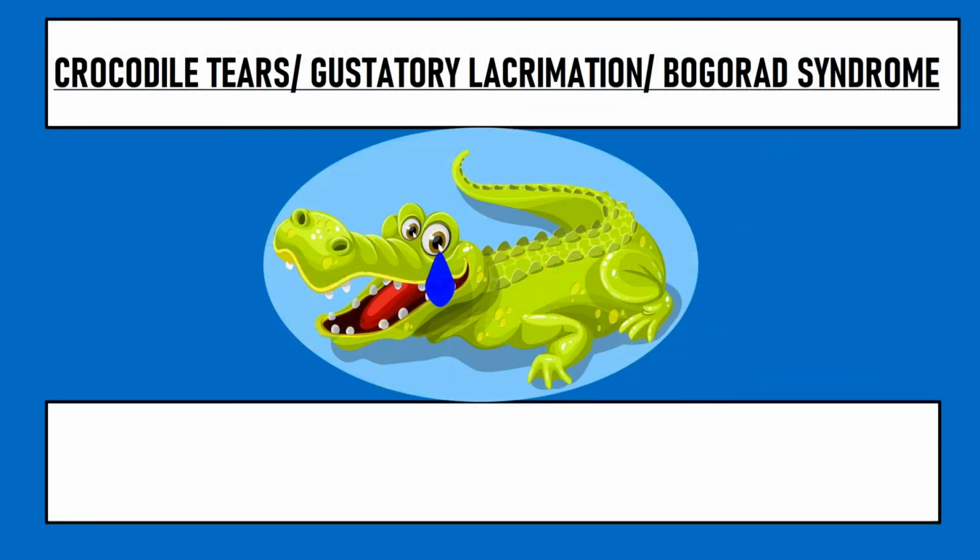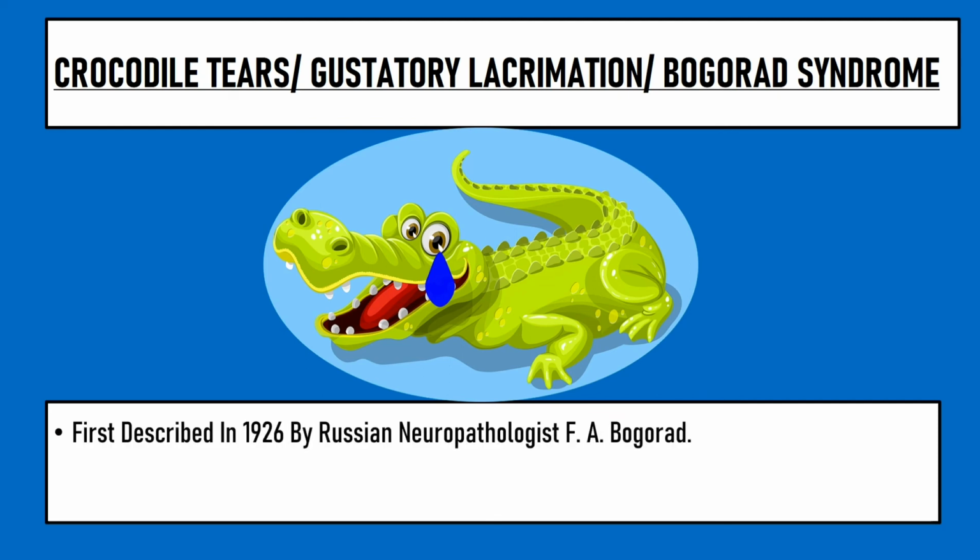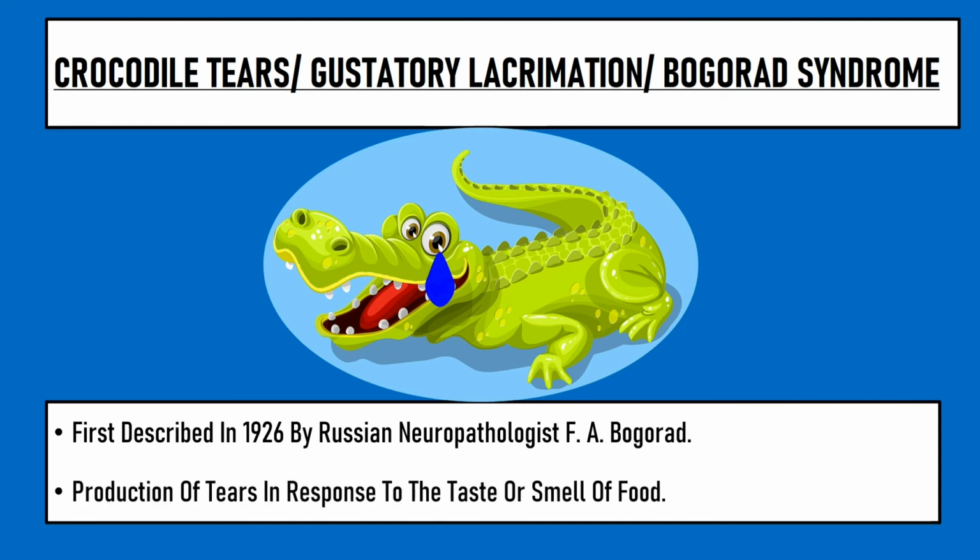Crocodile tears or gustatory lacrimation or Bogorad syndrome. This condition was first described in the year 1926 by the Russian neuropathologist F.A. Bogorad. Crocodile tears refers to the production of tears in response to the taste or the smell of food.